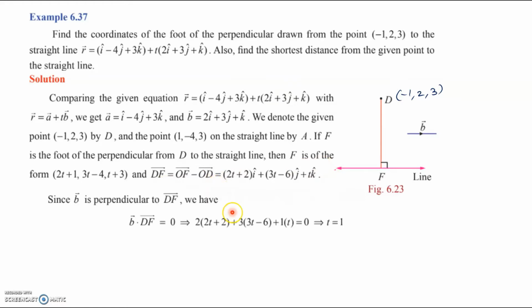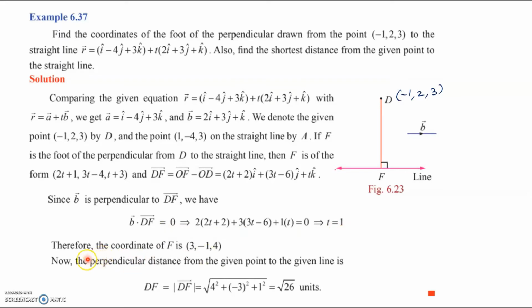So further solving, we can now say that b vector is perpendicular to df vector. Therefore, we have vector b dot product with df is equal to 0. So t becomes 1. Then the coordinate of f, substituting the value of t equal to 1 into this here, you get f as 3, minus 1 and 4.